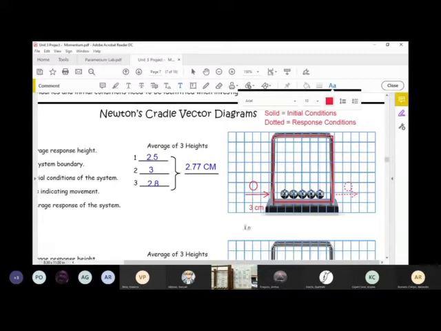Ideally, we would label the velocity here, but remember, we're just using height in place of velocity because we're assuming, which I hope is a good assumption, that the higher it goes, the more velocity it had. So we should label those vectors with their velocities. And actually, that should have been 2.77, huh?